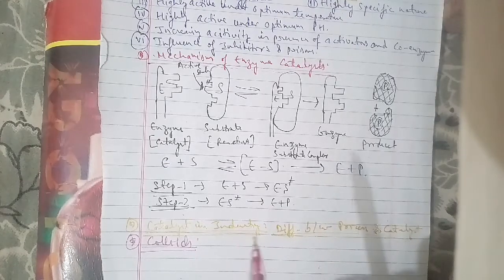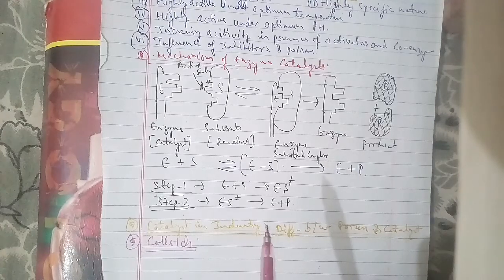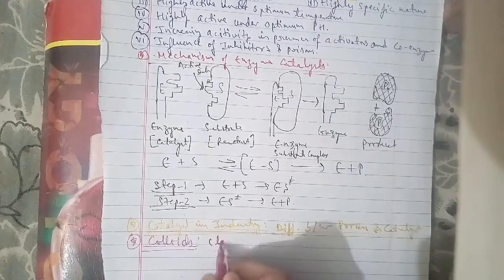Depending upon whether the dispersed phase and the dispersion medium are solid, liquid, or gas, eight types of colloidal systems are possible.